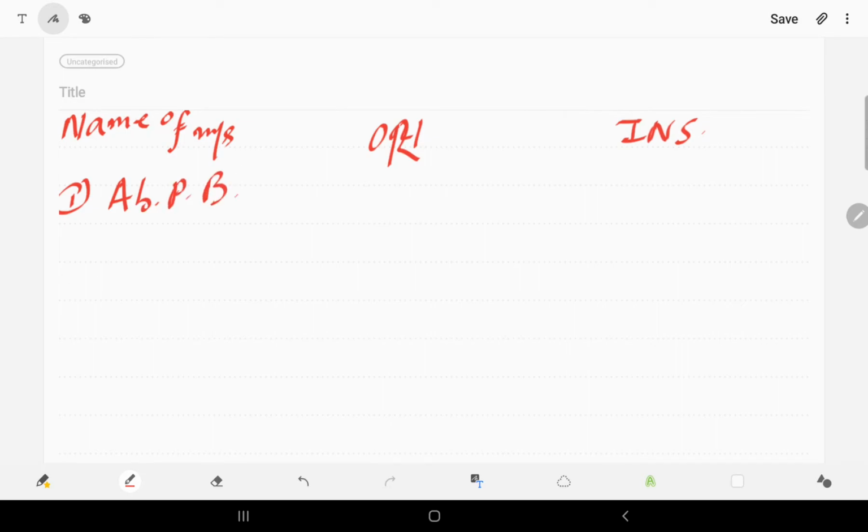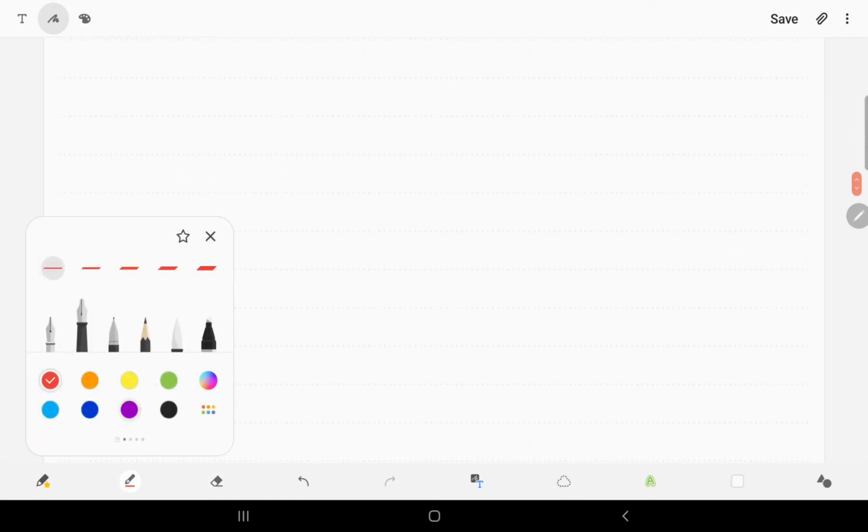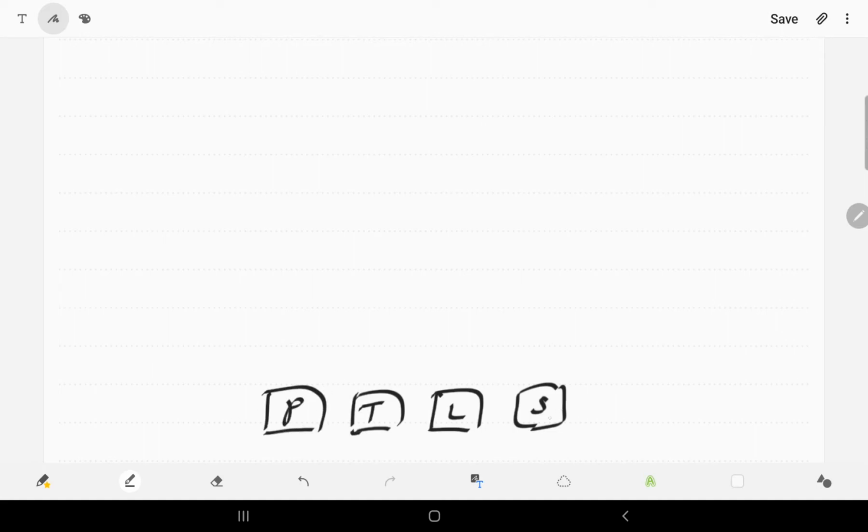So first is abductor pollicis brevis. I'll first talk about the abductor pollicis brevis. So once again I'm drawing the same diagram. The first row of the bones, from lateral to medial: scaphoid, lunate, triquetrum and pisiform.